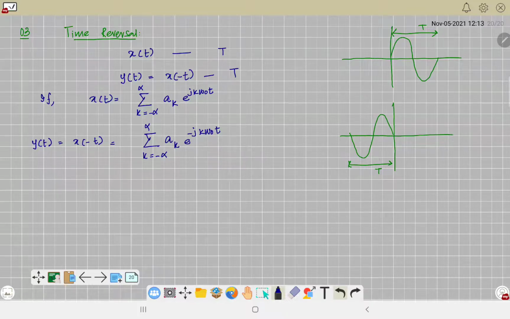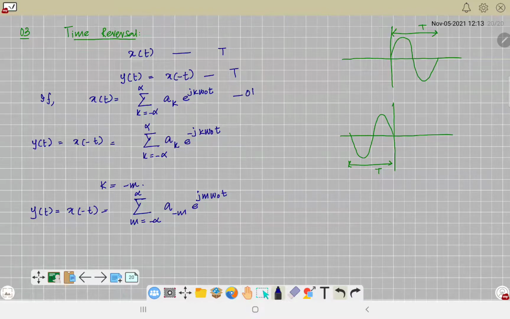And again, if I do a bit of mathematical manipulation, say suppose we substitute k equals minus m, okay? तो उस हिसाब से we'll get y of t equals x of minus t equals summation m runs from infinity to minus infinity, but it is the same thing as writing minus infinity to plus infinity, a of minus m e raised power j m omega naught t.